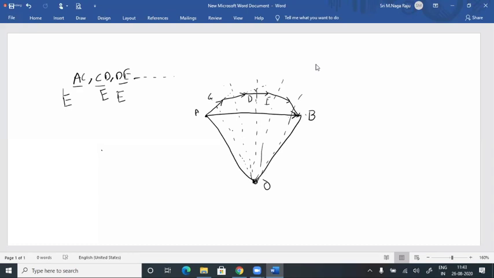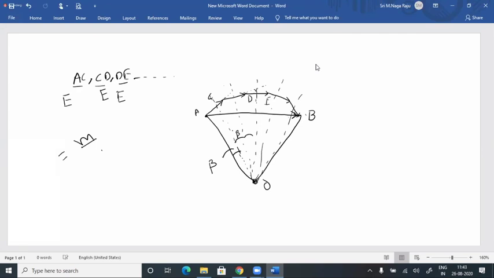This line has the angle of beta, between these two we have again beta, this is also beta. So what is the phase belt?